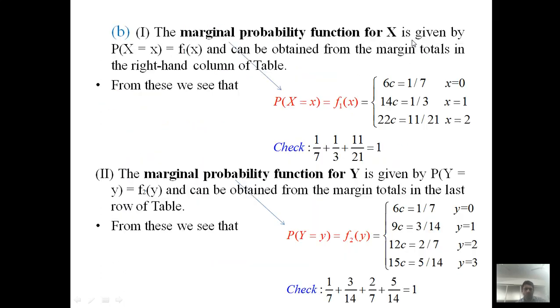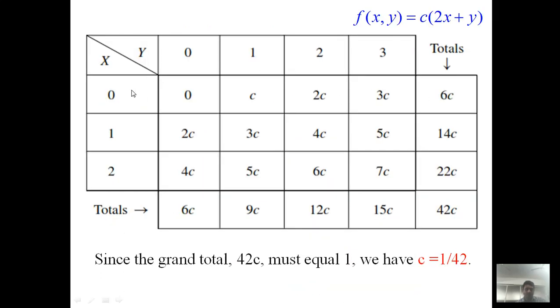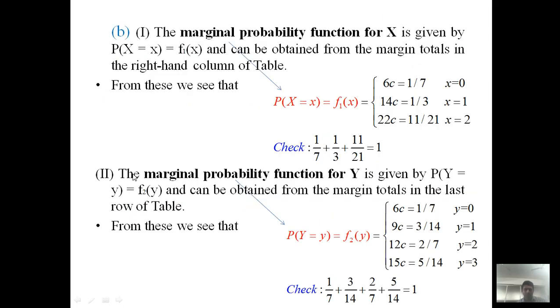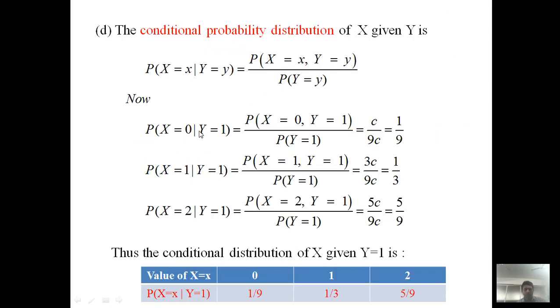We know that x takes three values 0, 1 and 2. So we have to find the conditional probability of x given y for each and every value of x. Let's first talk about the first one. Probability of x is equal to 0 given y is equal to 1, by using this formula, is probability of x is 0, y is equal to 1, upon probability of y is equal to 1.